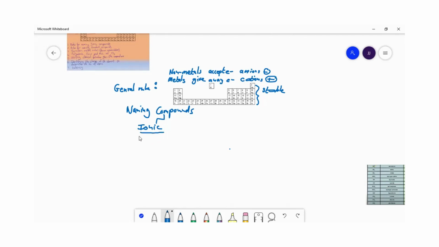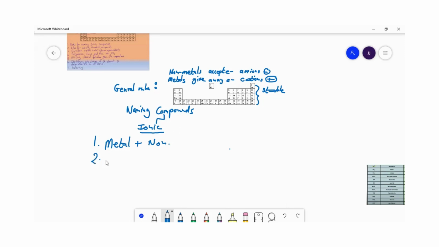The first rule is that with naming ionic compounds, there is a metal and a non-metal that are reacting together. As you see from our general rule, our non-metals accept electrons and become the anions, and our metals give away electrons and become cations.